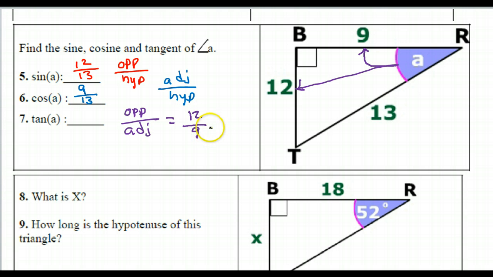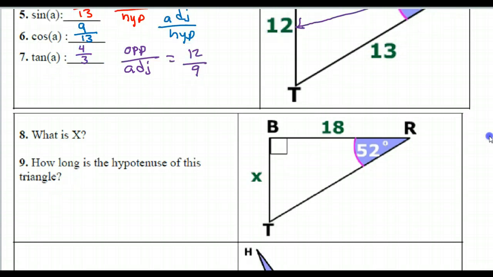But 12 over 9 reduces down, dividing both of these by 3. That's going to be 4 over 3. So there's the sine, cosine, and tangent of angle A. Let's move on.